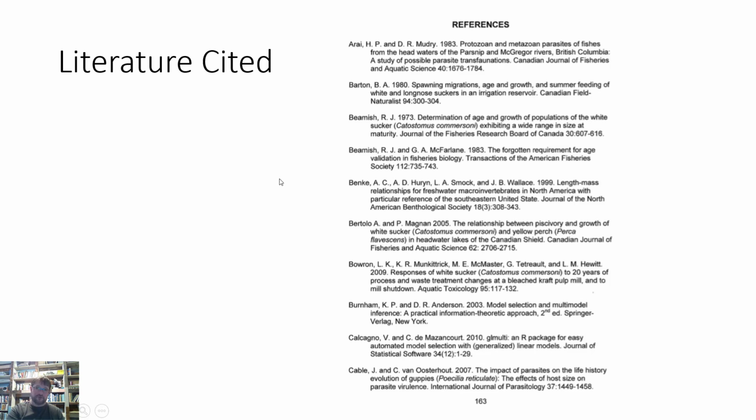If you know none of them, then look up CSE and use CSE. But be consistent. Alphabetize your literature cited or your reference section. It depends on what you want to call it. Alphabetize it.